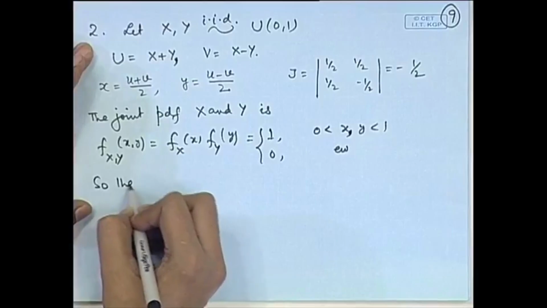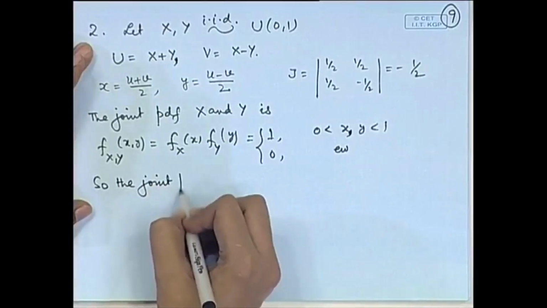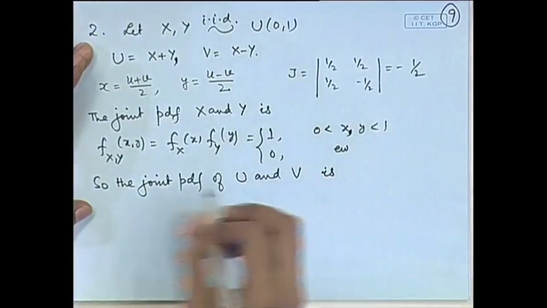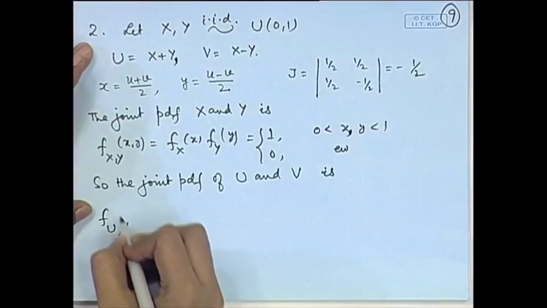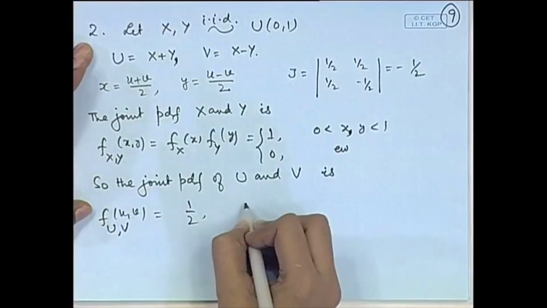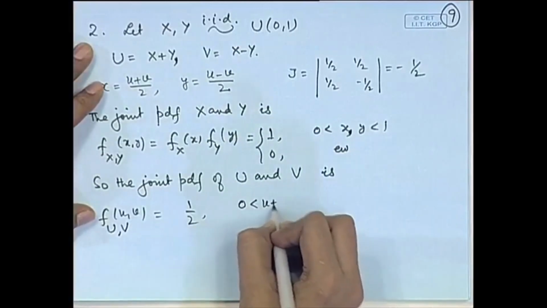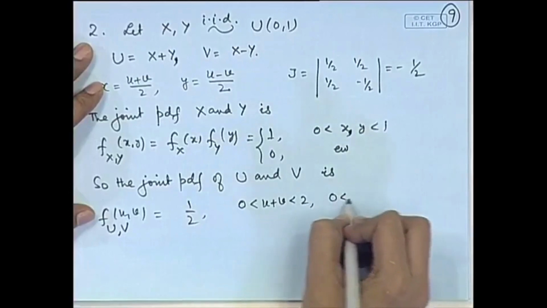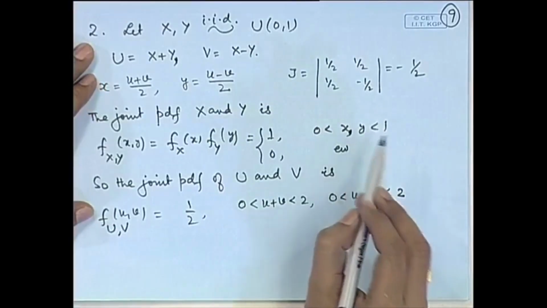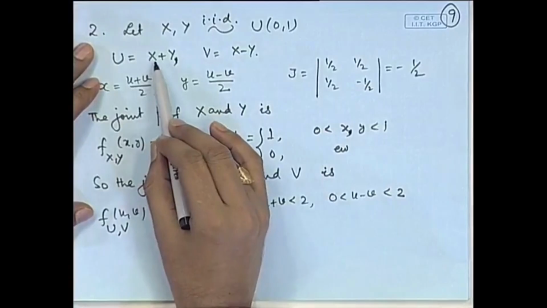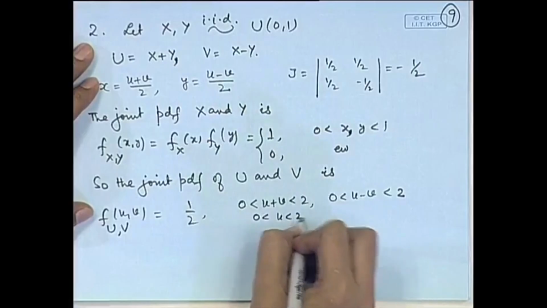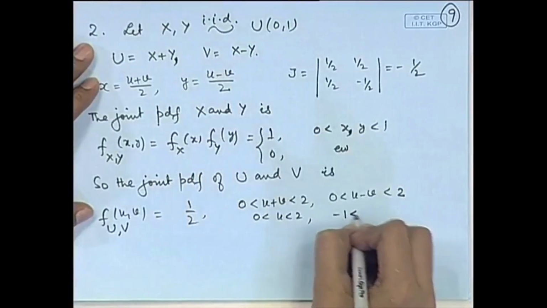So, the joint PDF of u and v is going to become half for 0 less than u plus v less than 2, 0 less than u minus v less than 2. Now, the ranges of u and v we can notice further here that since x and y are between 0 to 1, u will be between 0 and 2 and v will be between minus 1 and 1.